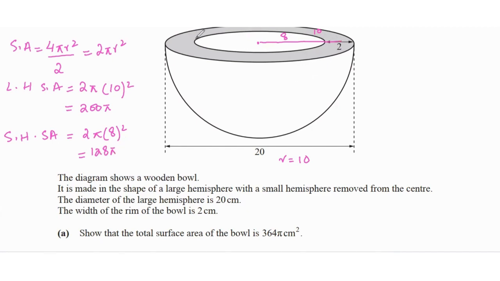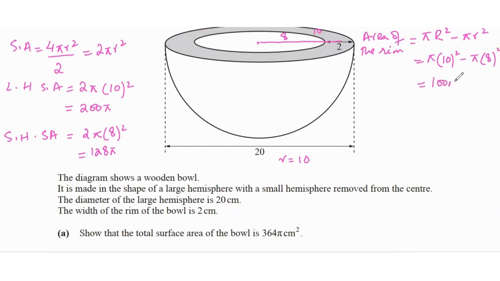Now for the rim of the wooden bowl, the area of the rim, we will do pi r squared minus pi small r squared, which means pi 10 squared minus pi 8 squared.